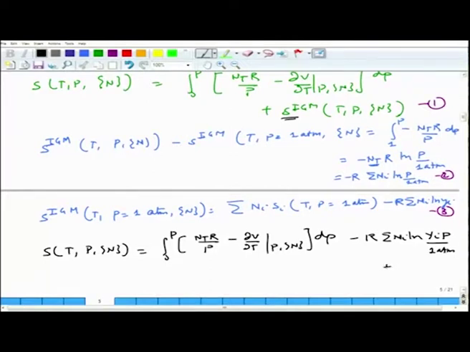plus summation Ni Si0. Okay. So, what we have done is combined these two terms, and this one we have written simply as Ni Si0, where Si0 is nothing but the molar entropy of pure i as an ideal gas at T and P equal to 1 atmosphere.